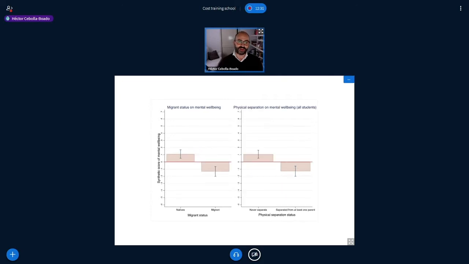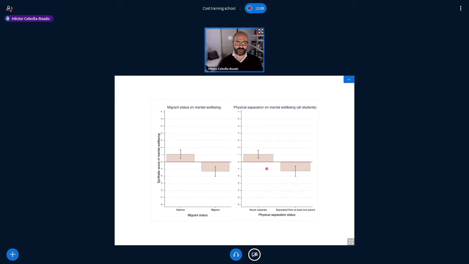But then if you actually look at this, this first plot is the same one I was just introducing in my previous slide. This is how different children of all kinds, so migrants and natives, are when their parents never separated from them for a period that lasted more than 3 months. And this is how these children behave when it is the case, both for migrants and for natives, that parents and children stayed apart, so separated physically from each other for at least a period of 3 months.